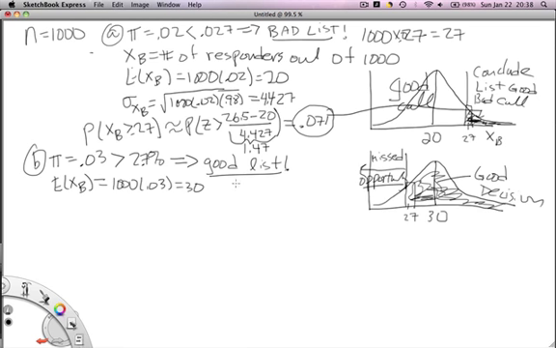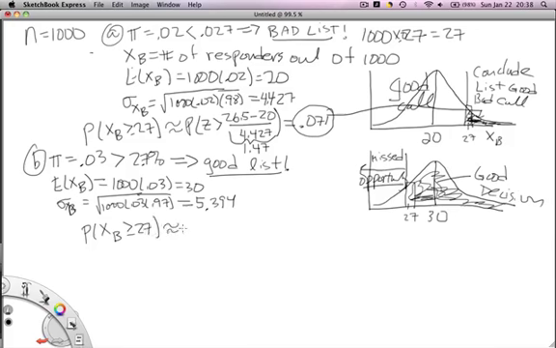Well, let's go find our standard deviation. So sigma sub xb will be the square root of 1,000 times 0.03 times 0.97, and this works out to be about 5.394. So what we need to do is evaluate the chance again that xb is greater than or equal to 27.